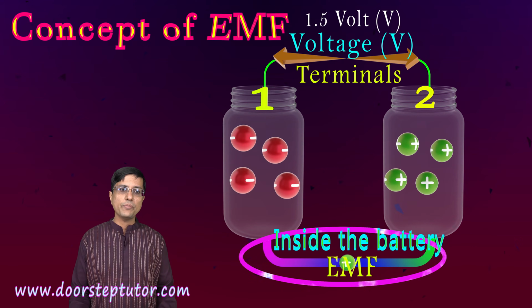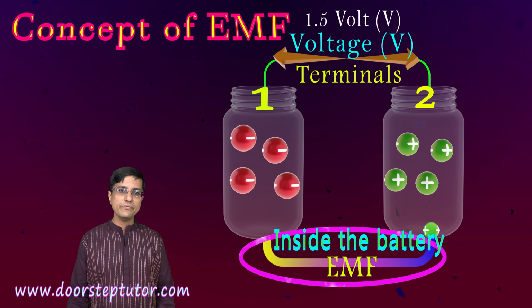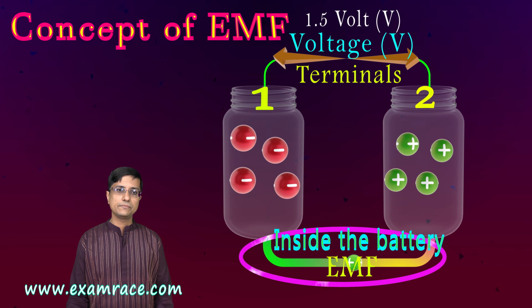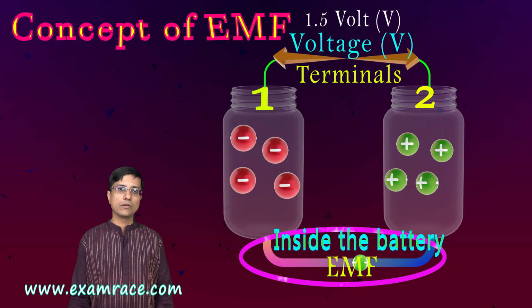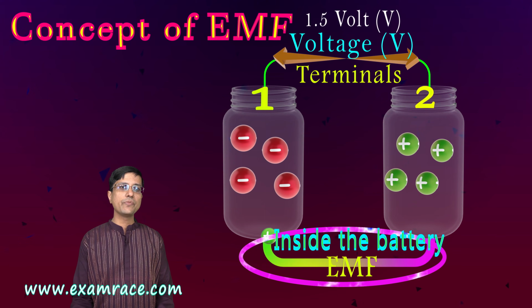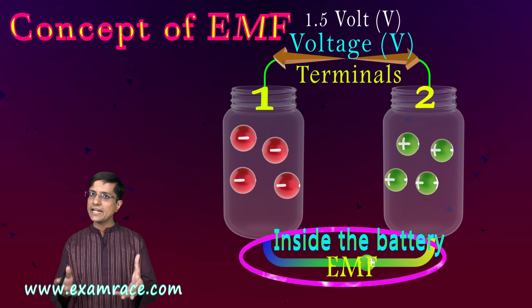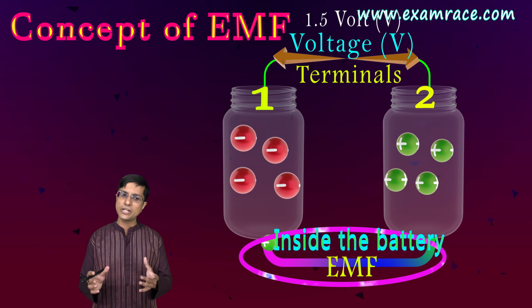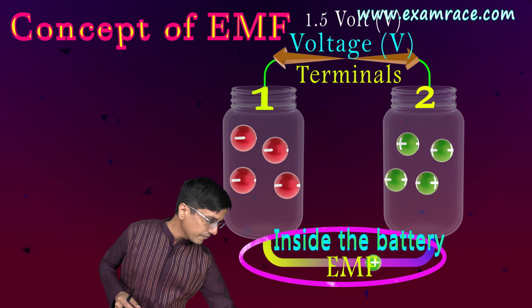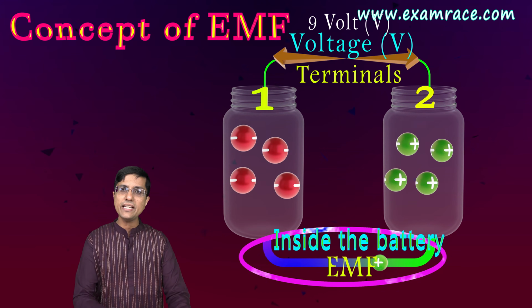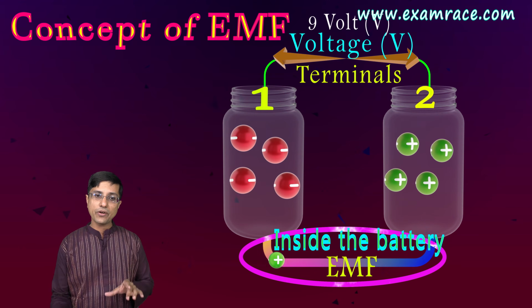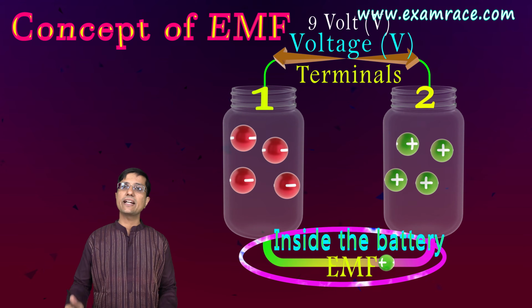Of the 2 terminals of the battery, one is positively charged. This is the voltage available right here. You might have seen it written on the battery: 1.5 volt, 3 volt, 9 volt. For example, here I have a 9 volt battery. This is the voltage available on the terminals because of the EMF, the work done inside the battery.